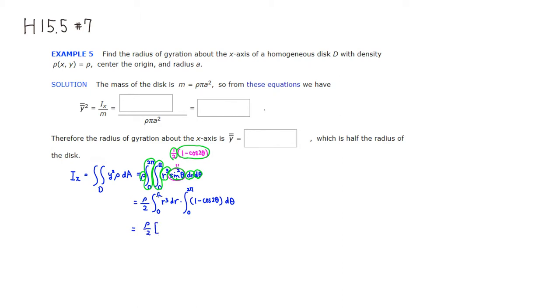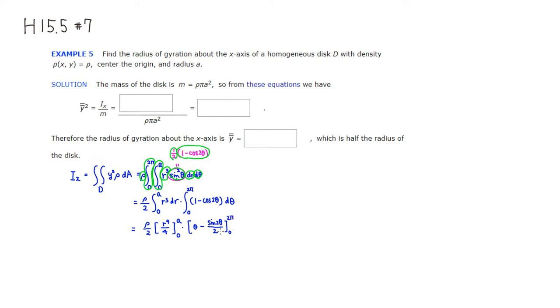The antiderivative of r cubed with respect to r is r to the 4th over 4, with r going from 0 to a. Multiplied by the antiderivative of 1 with respect to theta, which is theta, minus the antiderivative of cosine of 2 theta, which is sine of 2 theta over 2, going from 0 to 2 pi.